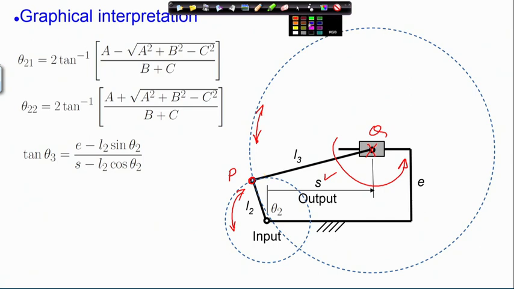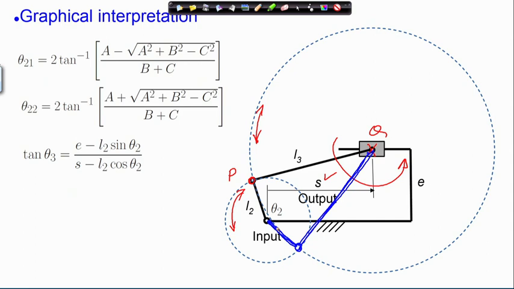the other is this. So, you have two configurations, two possible assembly modes. One is this black one which I have shown, the other is this blue configuration which I have drawn.